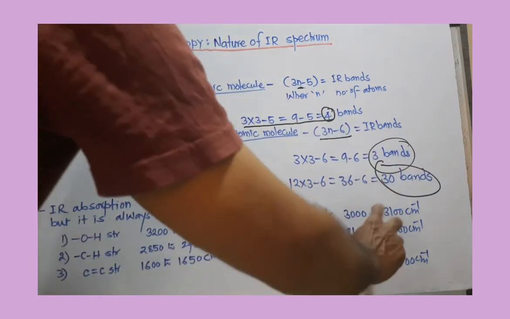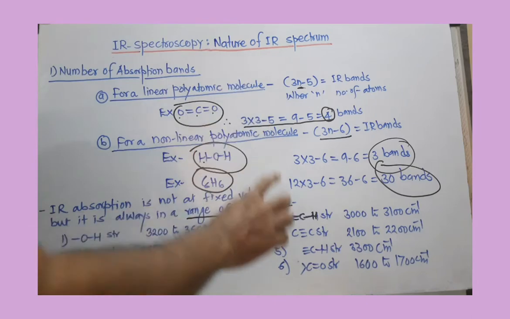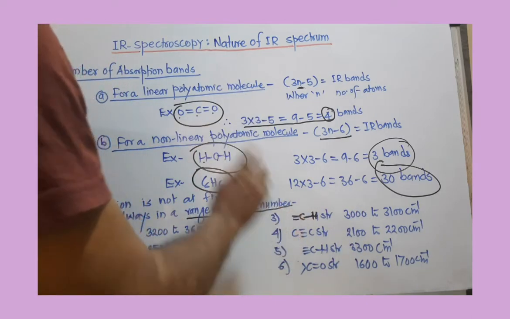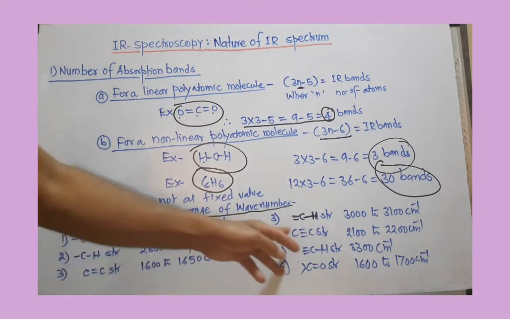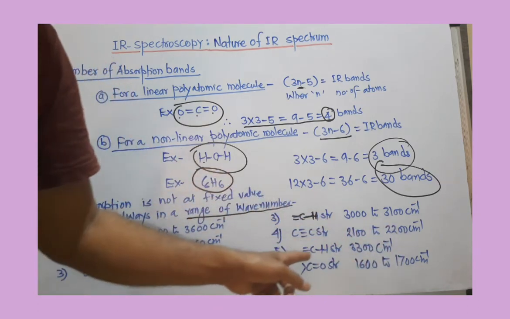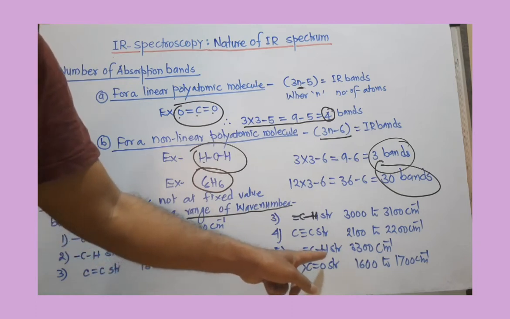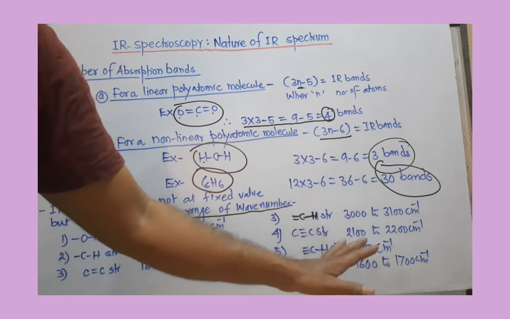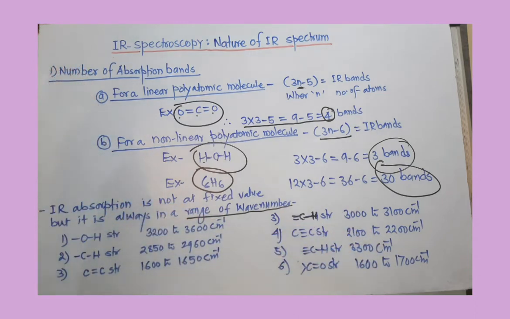If you observe a band in that range, you can easily predict this is because of CH stretching where the carbon has a double bond. If there is a carbon-carbon triple bond with hydrogen, you will get the absorption band around this region, a little bit 50, 100 here and there. But you have to remember, it's a range.